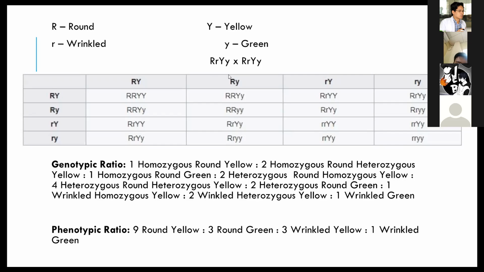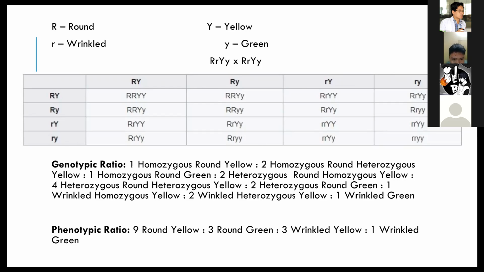Yes, sir. These are the variables, or these are the genotypes. So you cannot directly copy this one directly. In crossing dihybrid, you need to cross first the entire allele or the two genes, this one, in a monohybrid setting.